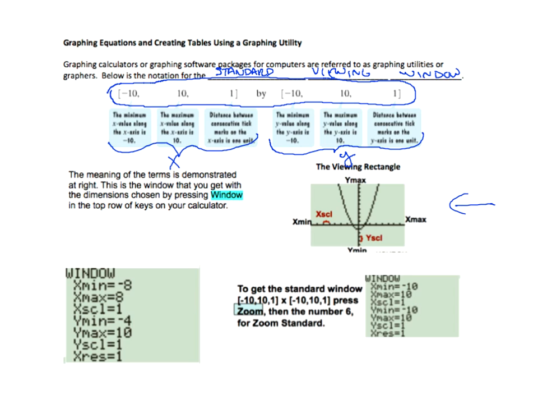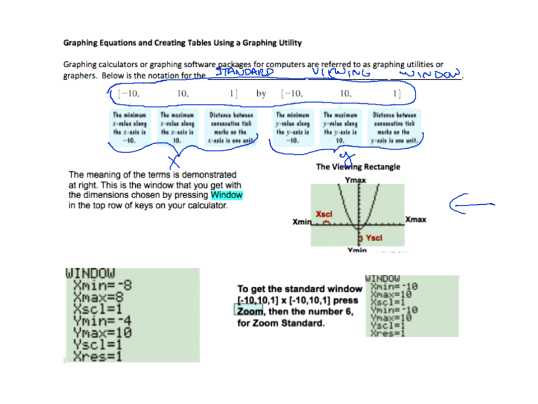So your quick keystroke to get back, once again, I'm not in the standard viewing window anymore. To get back to the standard viewing window, I hit zoom, and zoom is the middle function key at the top. So zoom, and it brings up your zoom window. I want to go to the standard. That means zoom to my standard viewing window.